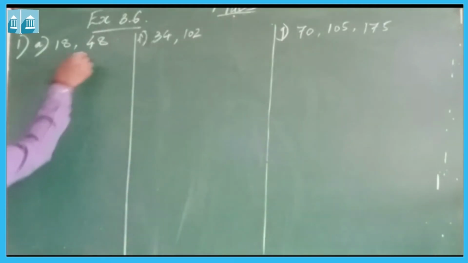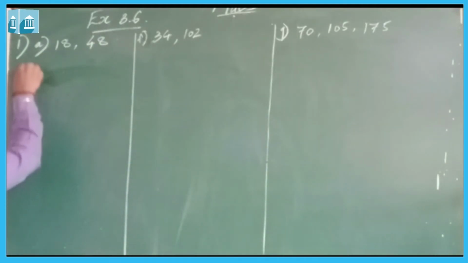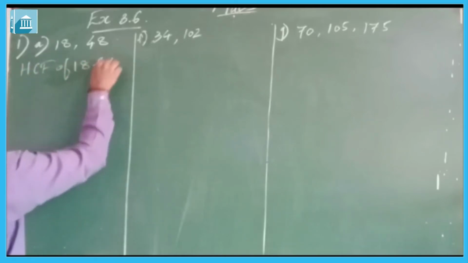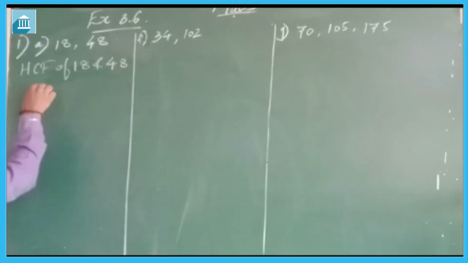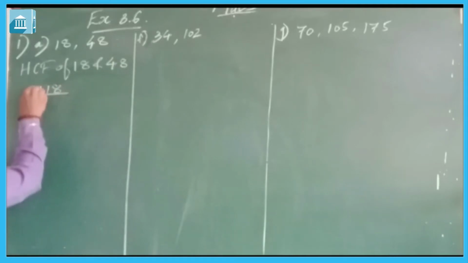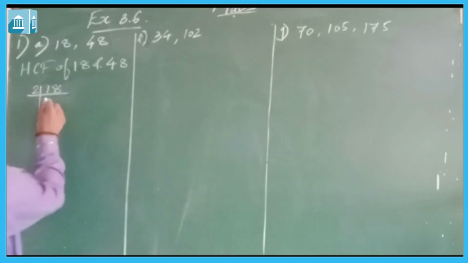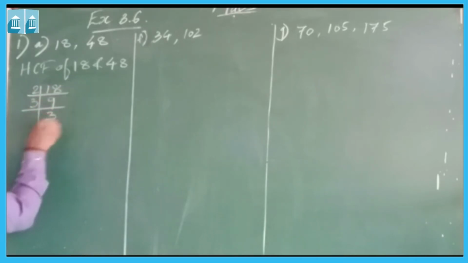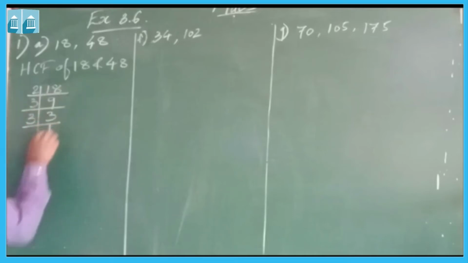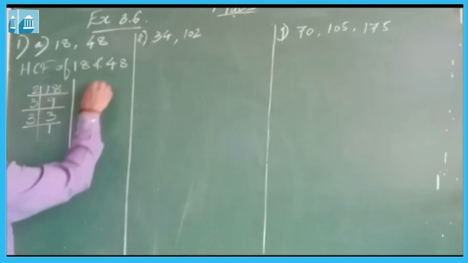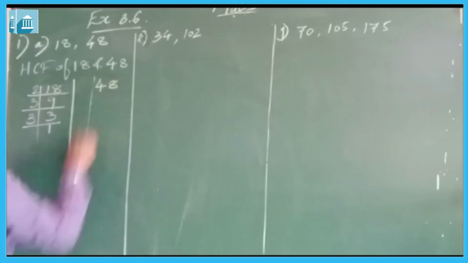First we will do the prime factorization of the HCF of 18 and 48. So first we will do the prime factorization of 18, that is 2 into 9, 3 into 3, 3 into 1, and the second is 48.